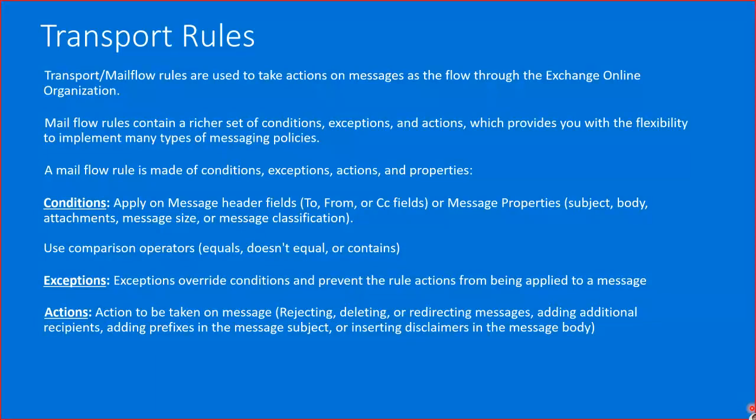There are many actions available in a transport rule, such as rejecting the message, deleting the message, or redirecting the message to additional recipients, adding prefixes to the messages, maybe modifying the subject of the message, or adding disclaimers to the message. So these are the actions that can be added to the action section of a transport rule.